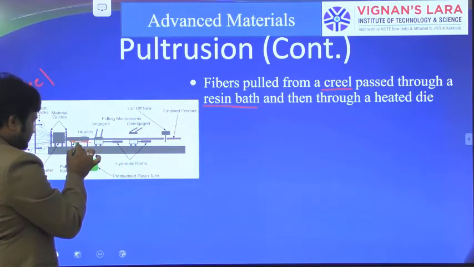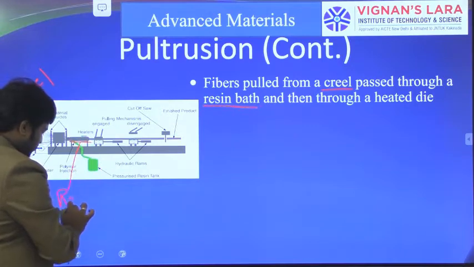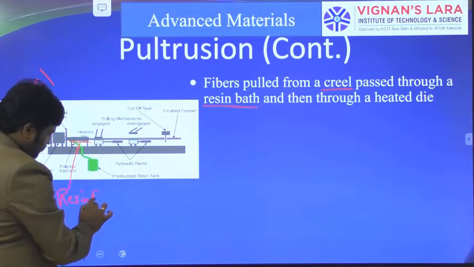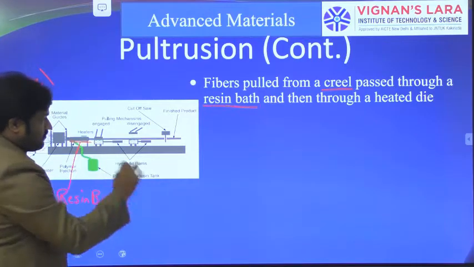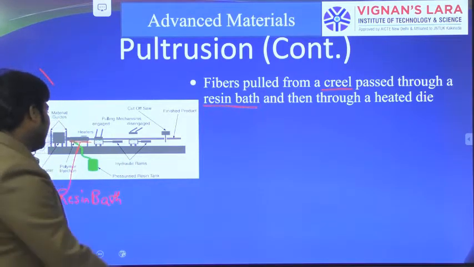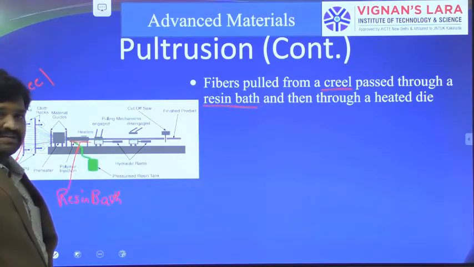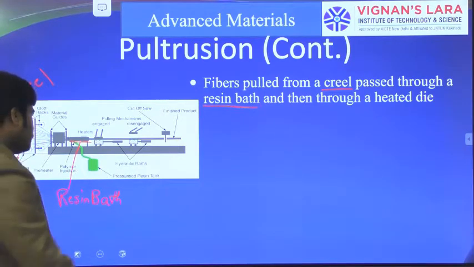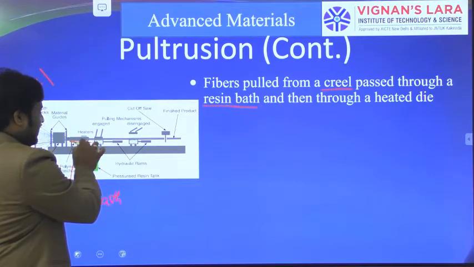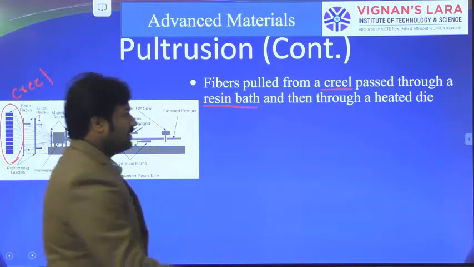So here it consists of a resin bath, and then through a heating die. Here the component has heaters as well as the shape of our component. So both things are available here, the resin bath as well as the heater through a heated die.